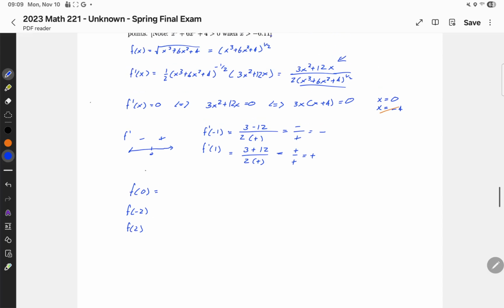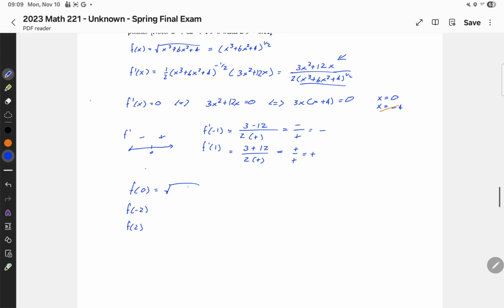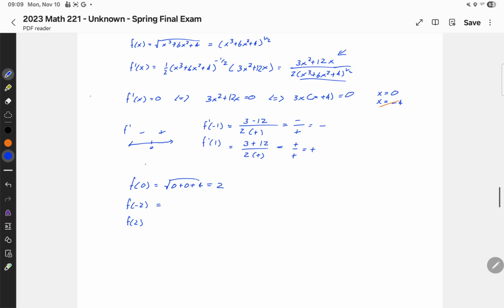So f of 0 is going to be the square root of 0 plus 0 plus 4, which is just going to be 2. f of minus 2 is going to be minus 2 cubed, which is minus 8, plus 6 times minus 2 squared, which is 4, right? Plus 4. This is the square root of minus 8 plus 24 plus 4, which is going to be the square root of 20.